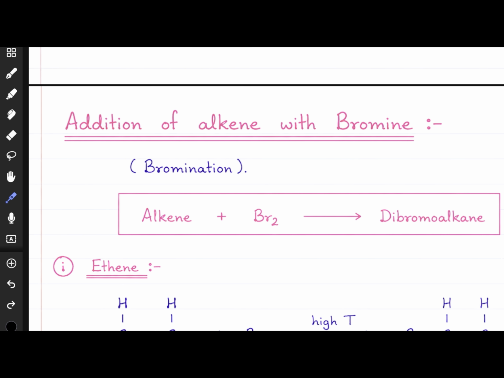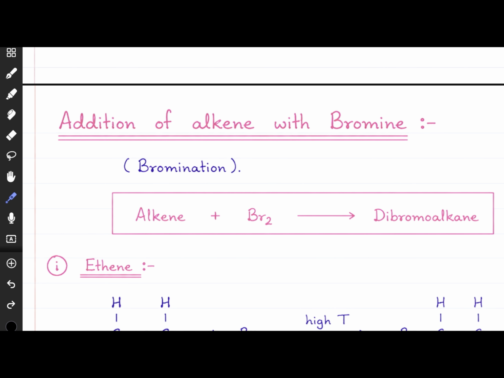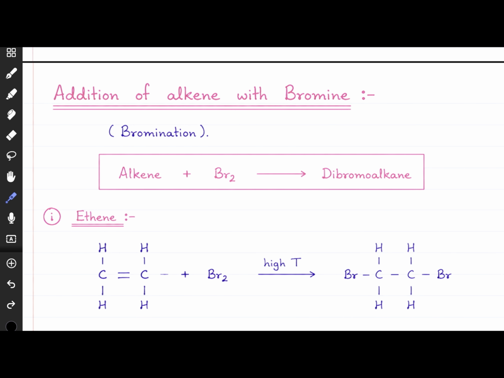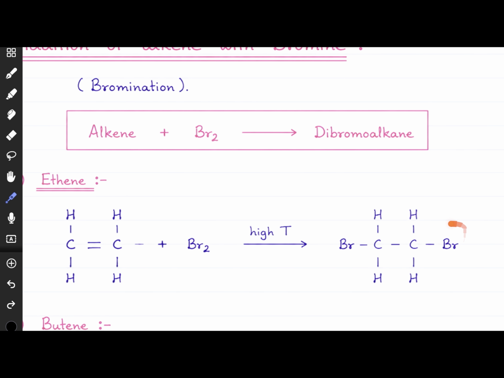Alright, so the second addition reaction is the addition reaction of alkene with bromine, which is also called bromination. And in this reaction, alkene reacts with Br2 bromine to form a dibromoalkane. It is called dibromo because it contains 2 bromine atoms after reacting with bromine.